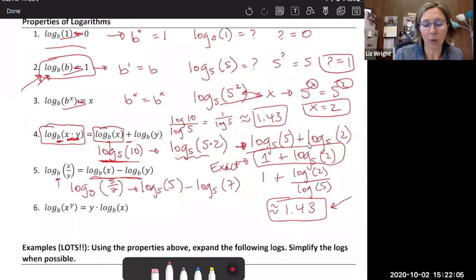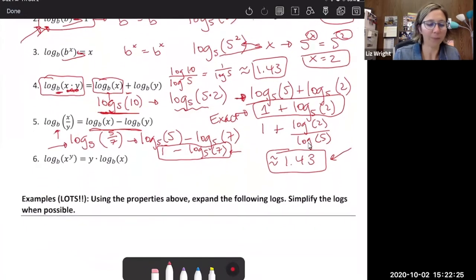And we know already that log base 5 of 5 is 1. So it'd be 1 minus log base 5 of 7. And if we wanted to, I'm not going to do it for this one, I could put this one in my calculator and then compare it to what this would be in my calculator, and it should come up to the same exact estimated decimal.